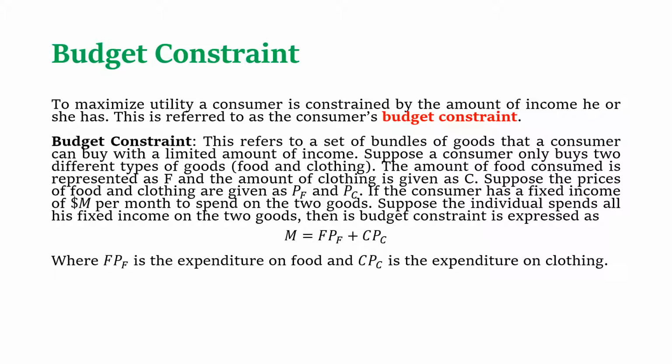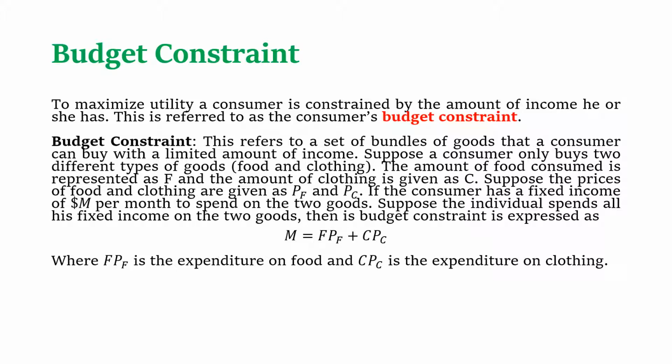So if we look at two goods here, let's say food and clothing, now you want to find the budget constraint for those two goods. So how much money do you spend on food, and how much money do you spend on clothing? Now remember, we say the consumer is limited to the amount of money that he has.